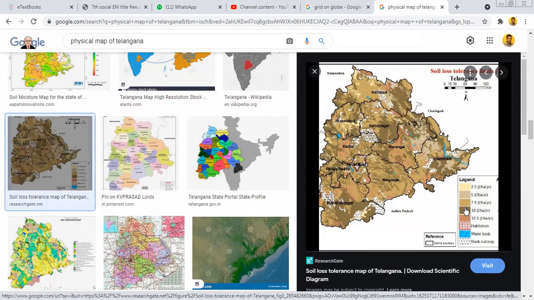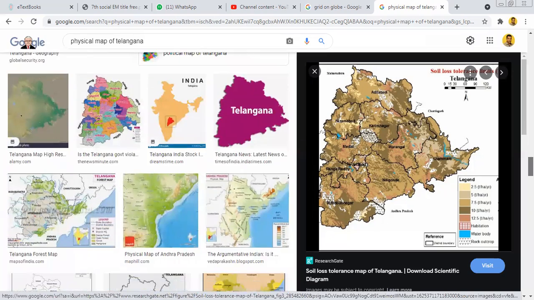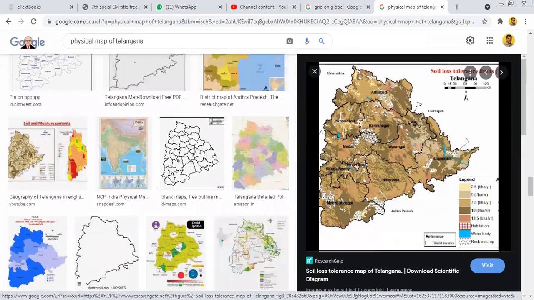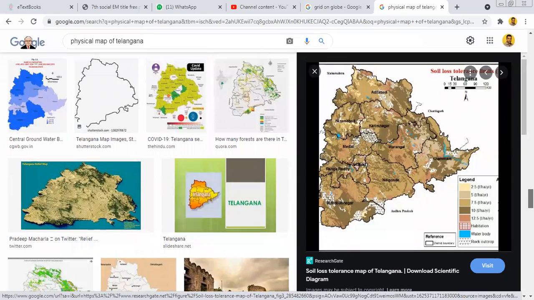Some shades are given. According to these shades, we can identify which places have different soils. Clear? Like that, any information we can explain with the help of shades and physical maps.